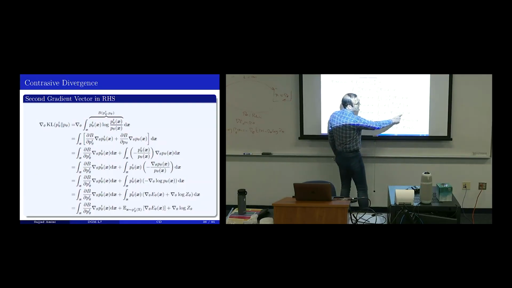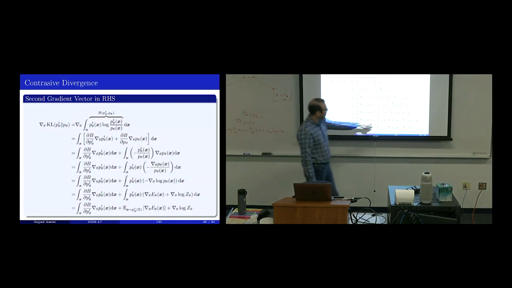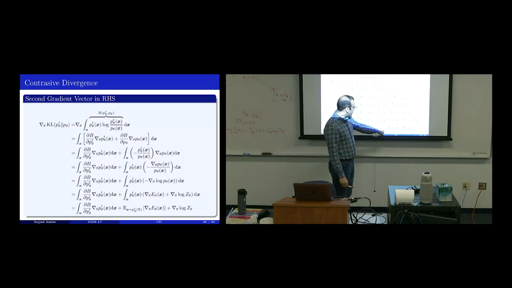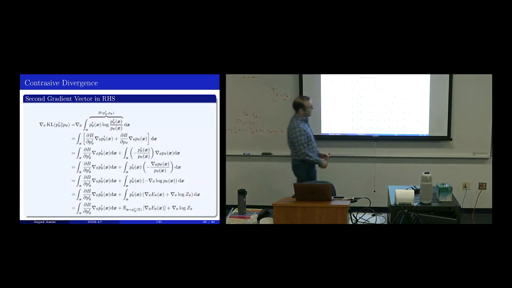And we know that P theta of X times minus the gradient of the log of P theta is equal, using this equality, to the summation of these two terms. And finally, I have the first integral. The second one is the expectation with respect to the data coming from the model distribution at iteration T and this partition function.